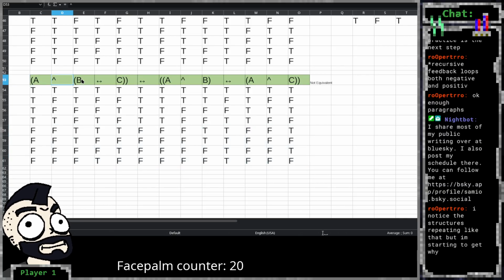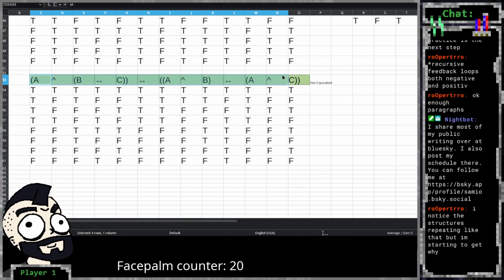So A and B if and only if C, okay? So this is true only when B if and only if C is true. So we have TF, FT. The problem is that A and B if and only if A and C, okay, we have the same structure on top. But because this is an if and only if, it's going to give us true in these 4 rows, because these 4 rows are both false, false, therefore they're going to give us true here and false here, which means they do not match.